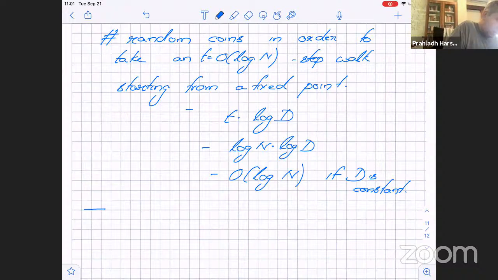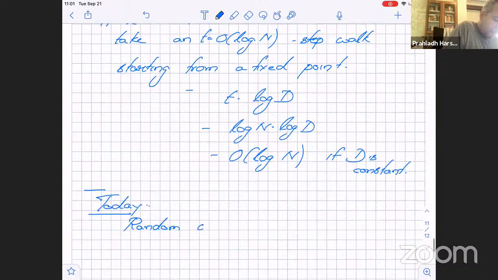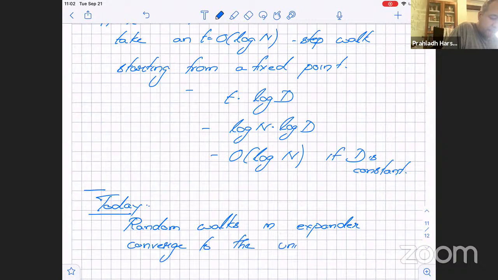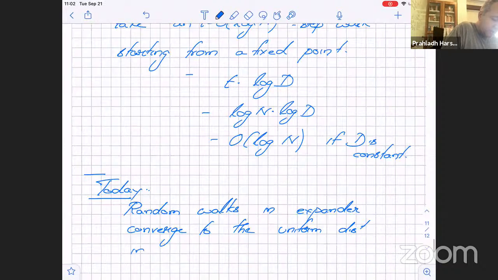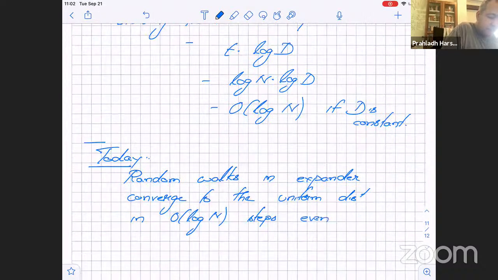What we showed today was random walks in expanders converge to the uniform distribution in order log n steps, even if we start from an arbitrary fixed vertex.